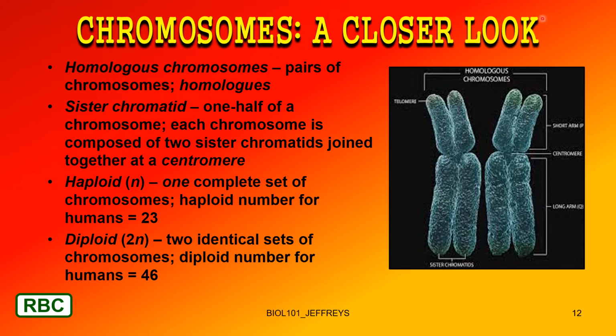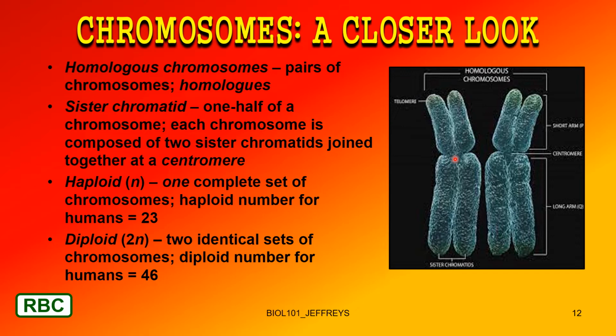So here you have a whole, I refer to them as whole chromosomes. It consists of 2 sister chromatids connected at the centromere.